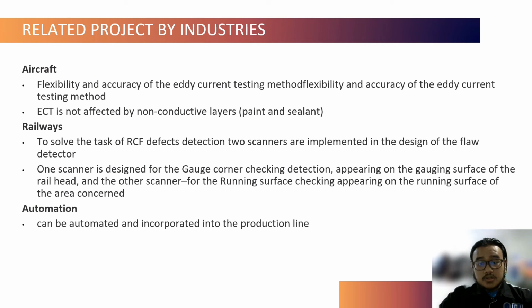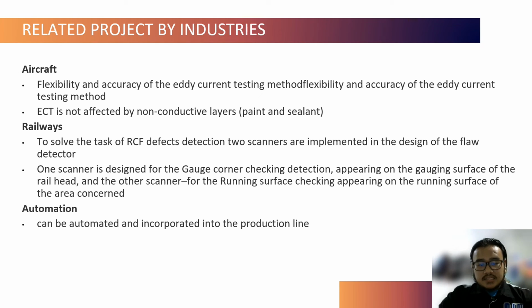In this slide, I will talk about related projects by industry. For the aircraft industry, the general flexibility and accuracy of the eddy current testing method make it very effective for non-destructive testing of aircraft components. ECT allows our technicians to scan large areas of the aircraft surface and subsurface, such as wing and fuselage, quickly, as well as tight spaces and complex shaped surfaces.